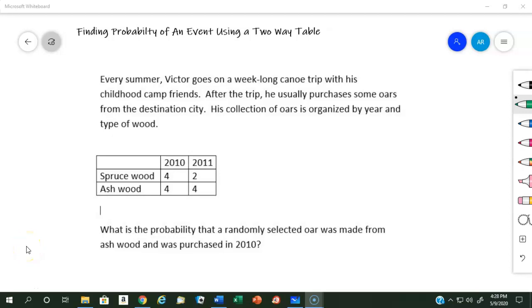So today we're going to be using the two-way table to find the probability of an event. This is similar to what we've been doing with frequencies, but it's actually a little bit easier.